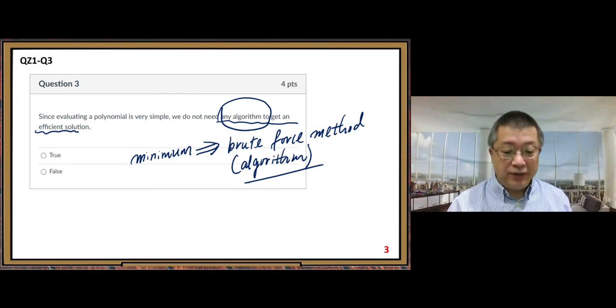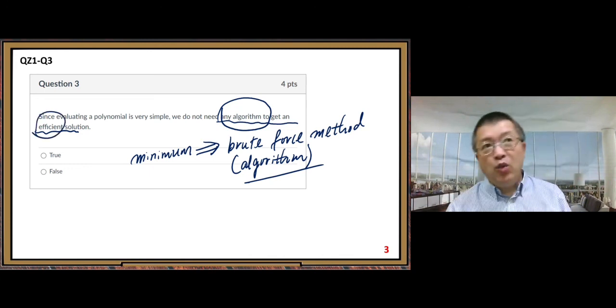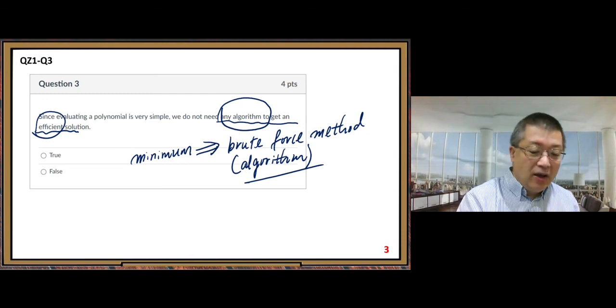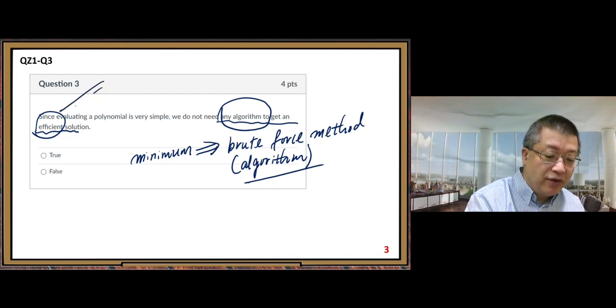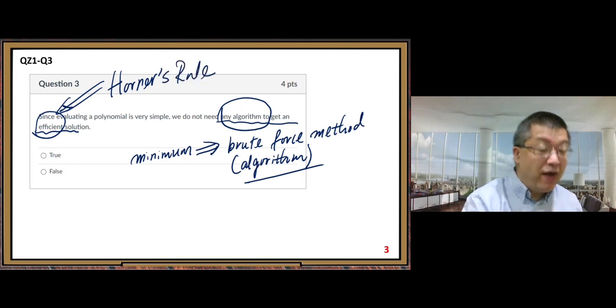Okay. Another way: efficient solution. We need to really get an efficient solution. But we know for this polynomial evaluating problem, we need that Horner's rule, that algorithm.